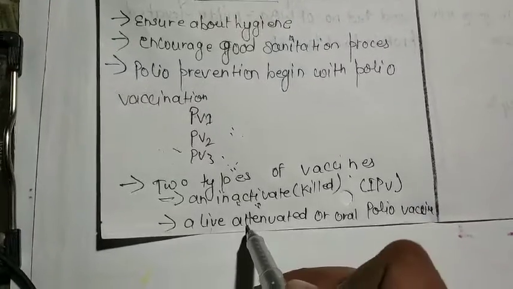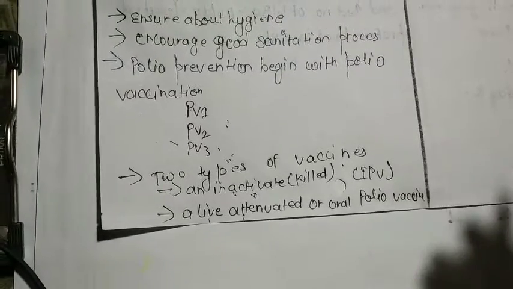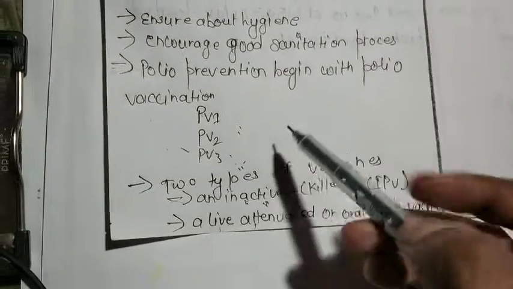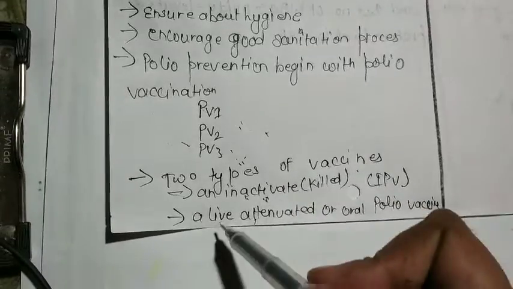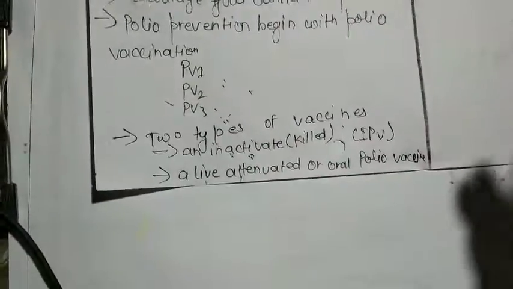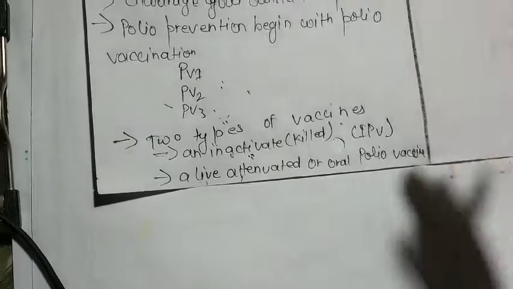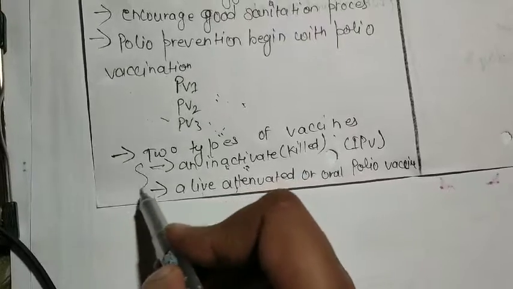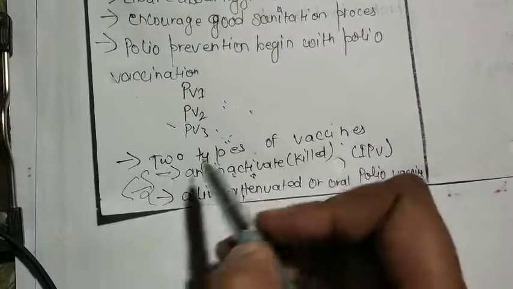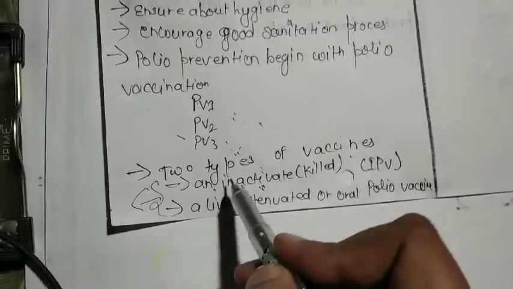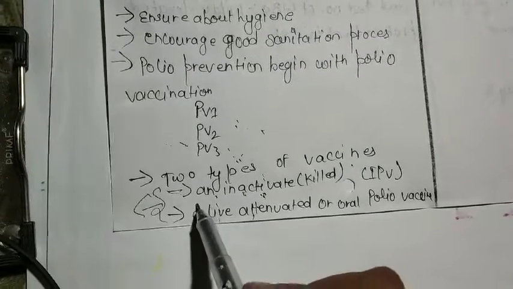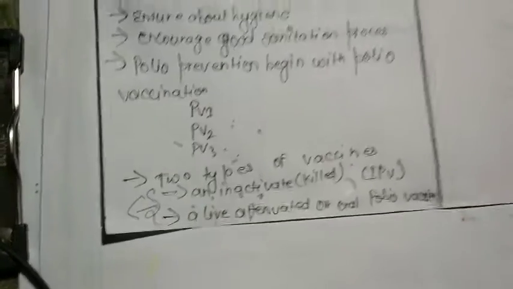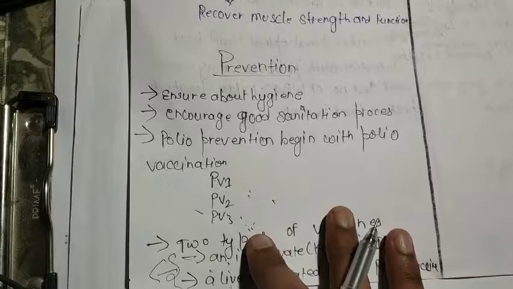And for the live attenuated vaccine, we take the same organism, manipulate its genetic material, and then induce it. So there are two types of vaccine for polio: an inactivated killed vaccine or a live attenuated oral polio vaccine. This is for polio disease.